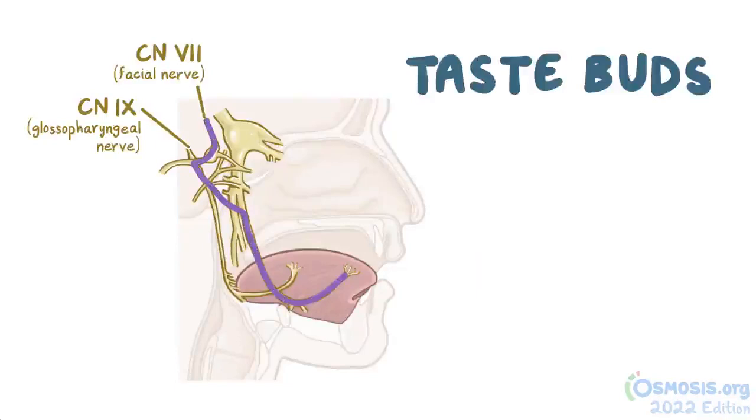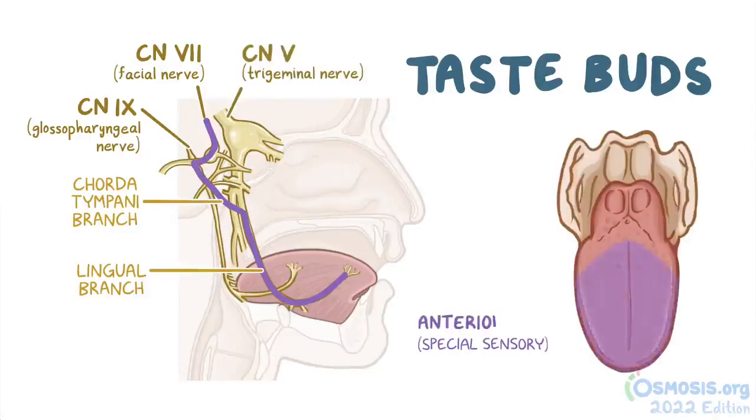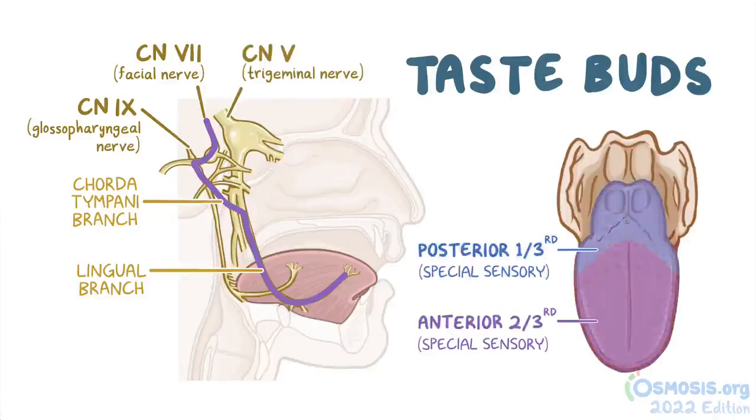The contribution of cranial nerve 7 is facilitated by its chorda tympani branch, which joins with the lingual branch of the mandibular division of trigeminal nerve, carrying afferent special sensation of the anterior 2/3 of the tongue. The posterior 1/3 special sensory component is carried by cranial nerve 9.